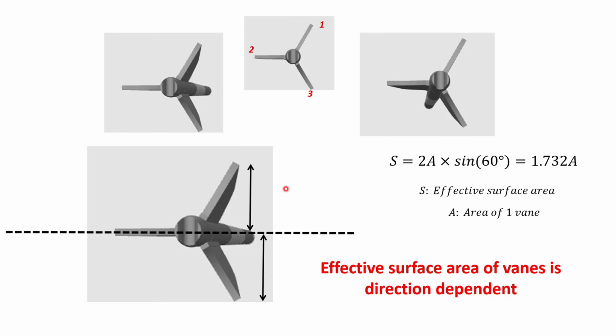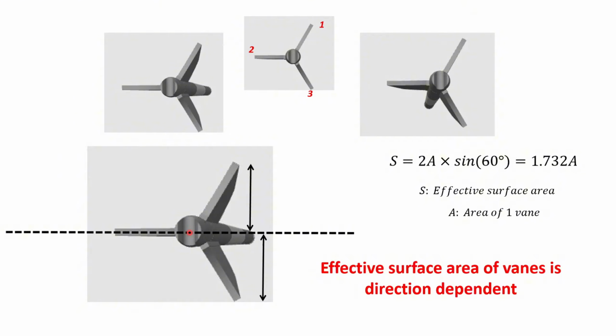Even though your total surface area is 3A, only 1.732A is available to correct your arrow flight in this scenario. So what we can deduce is the effective surface area of vanes is direction dependent. It depends on the direction of your axis of instability.